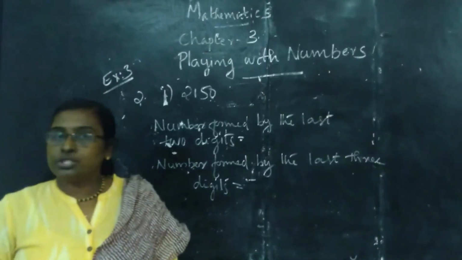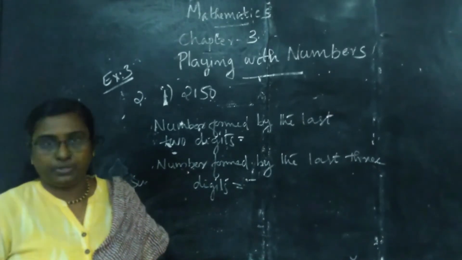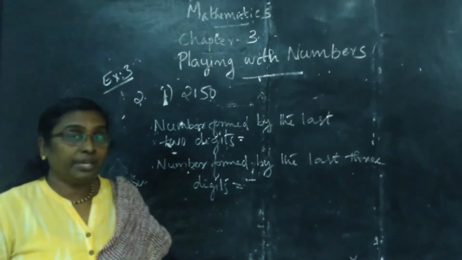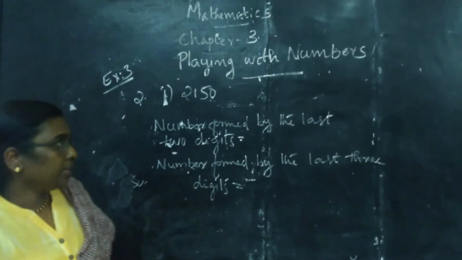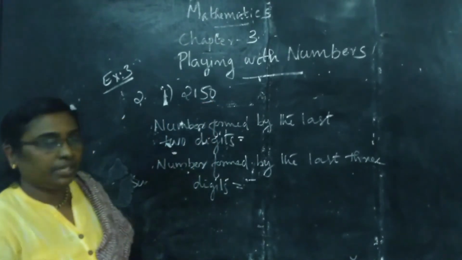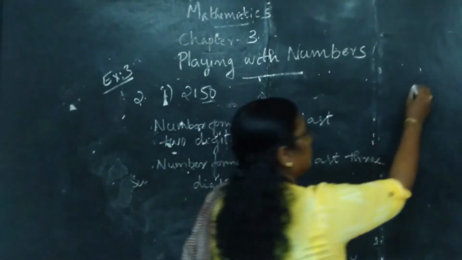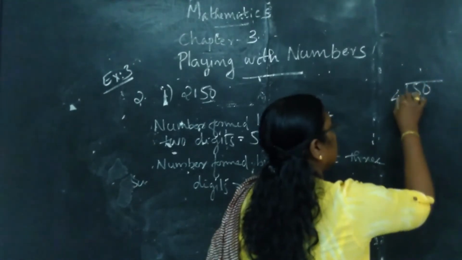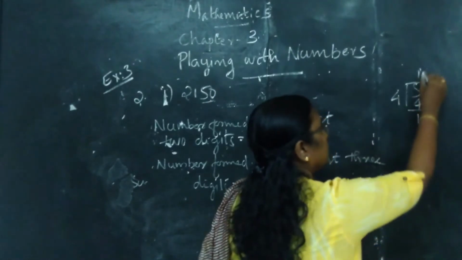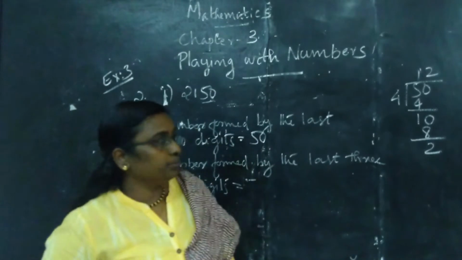Okay. The last question, the jth one. The number is 2150. Can you see how we can check the divisibility by 4? Here we take the number formed by the last 2 digits, which is 50. Then we divide 50 by 4. 12 times 4 is 48, the remainder is 2.